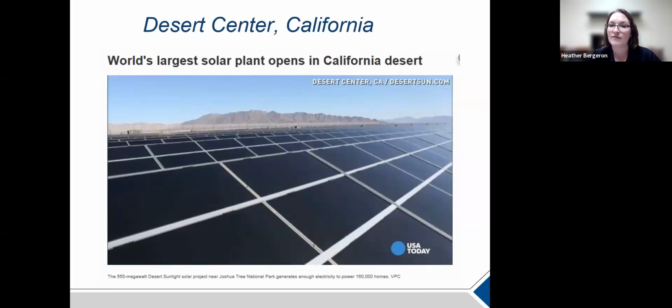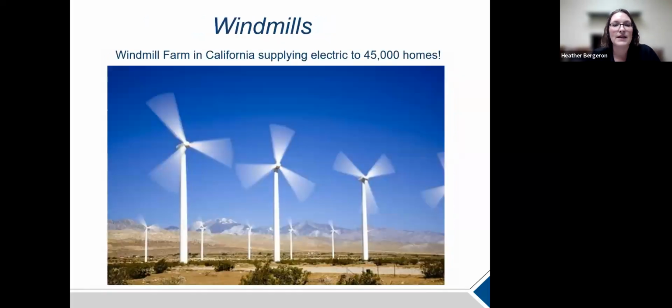A very, very large solar plant here in the California desert. And then here is an example on the slide of a windmill farm out in California that is supplying electricity to 45,000 homes in the area. As I mentioned before, we all know that windmills have been around for about 25 to 30 years now.